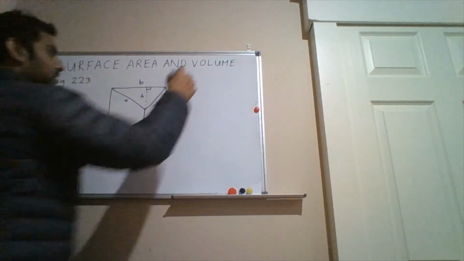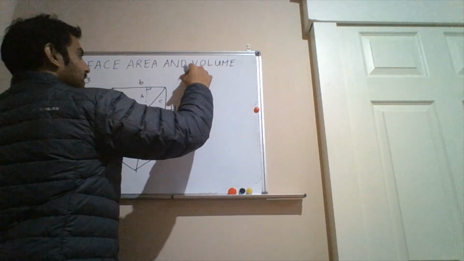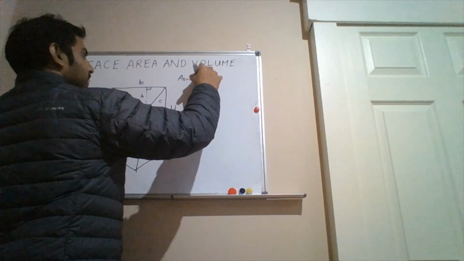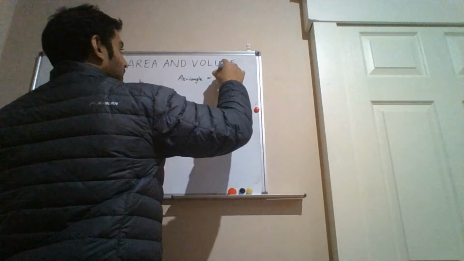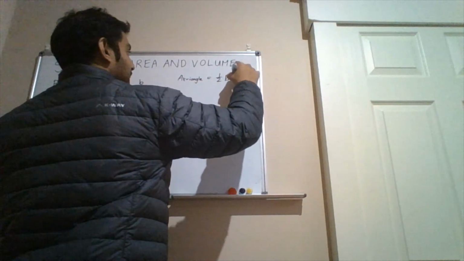The area of the triangle is equal to a half times base times height, so it's a half BH.